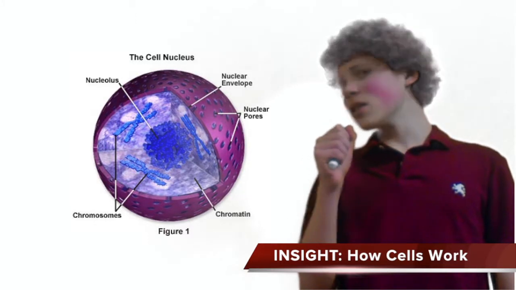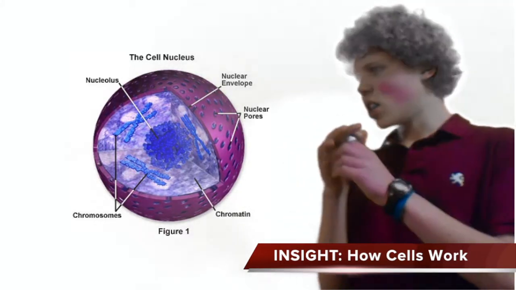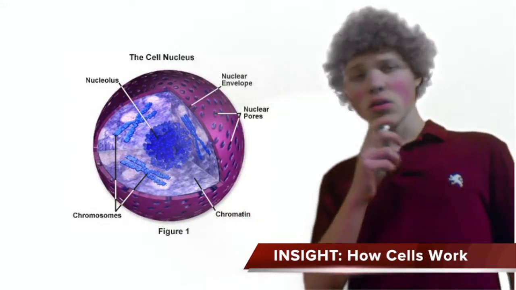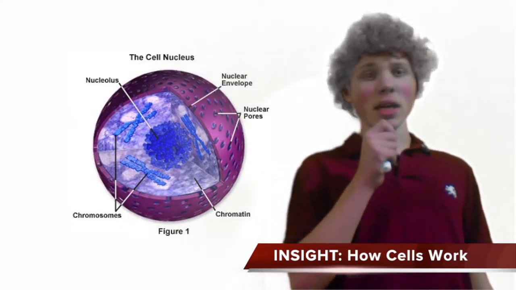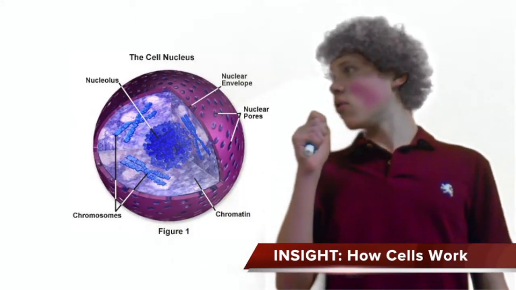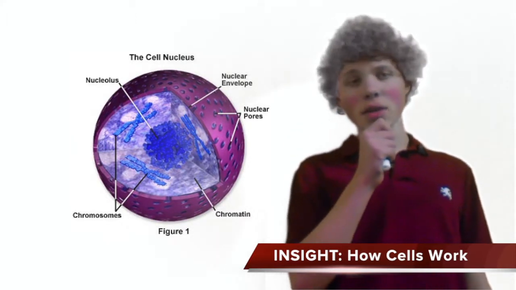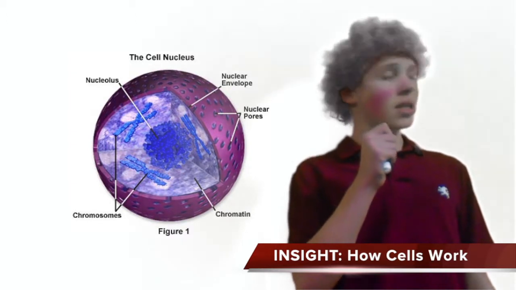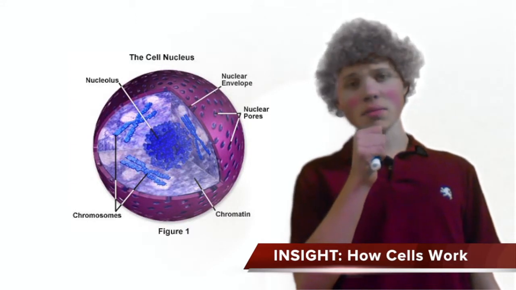One is, inside it stores all of the cell's chromosomes, which are wound up strings of DNA, or deoxyribonucleic acid. This DNA is responsible for deciding how proteins get manufactured and placed, and basically contains information of everything about the cell that it needs to be built.